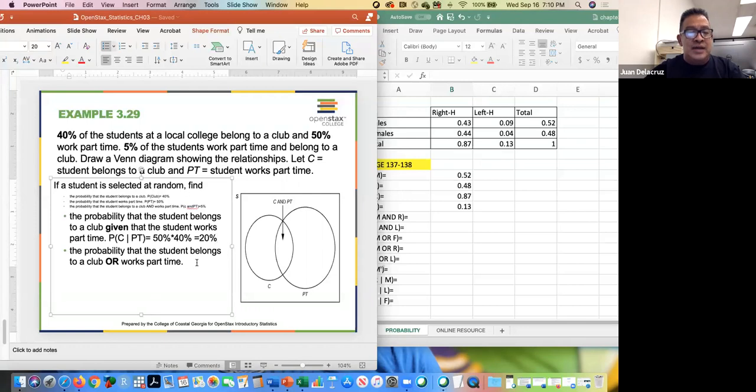So the last one is the probability that the students belong to a club or work part-time. So this is the probability of club or part-time, right?